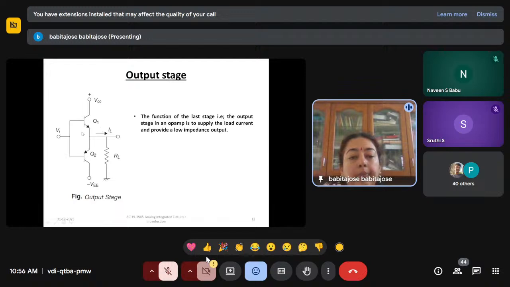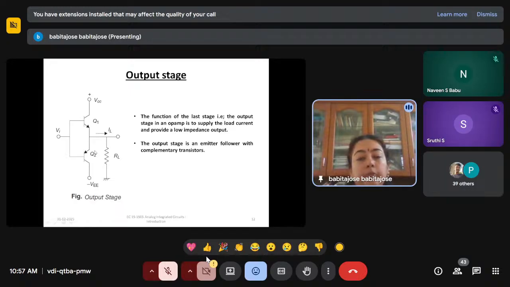So we are using the emitter follower with complementary transistors. Q1 and Q2 are complementary transistors which provide very low output impedance, and they also supply the load current to the output. So that is the output stage or the final stage.